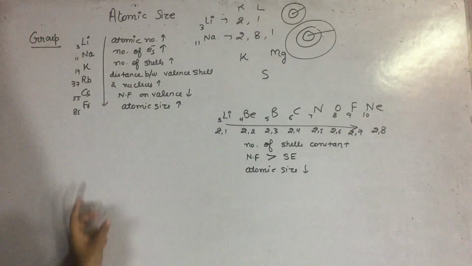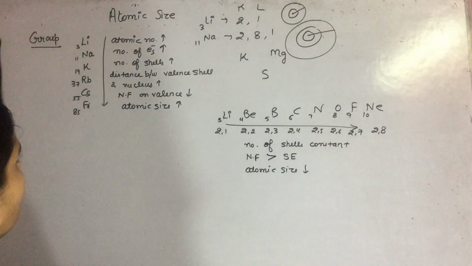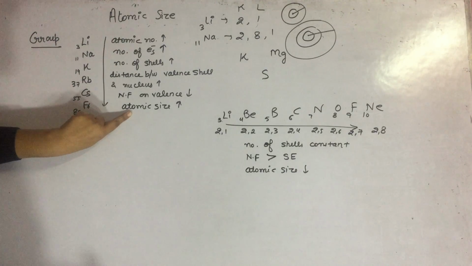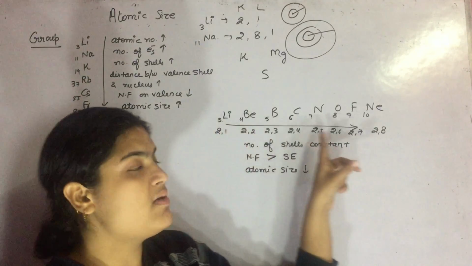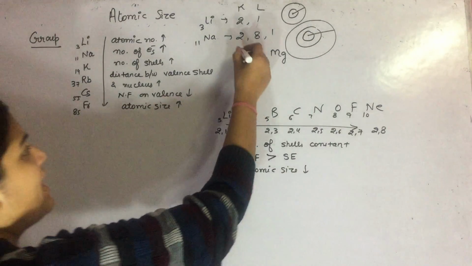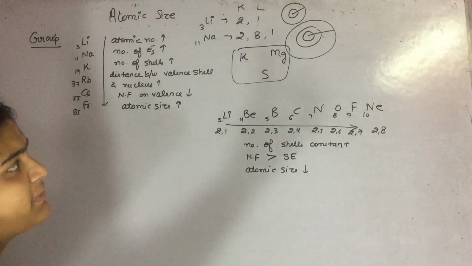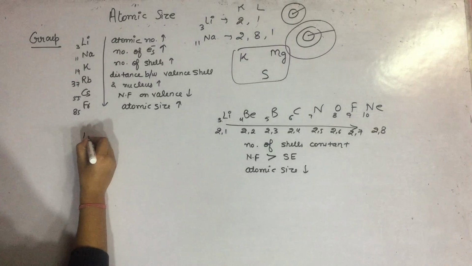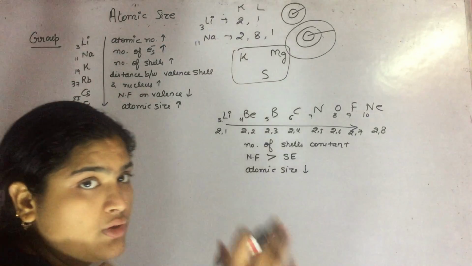So, in both these situations, we can observe that whatever increases on moving down a group will decrease when moving from left to right in a period. So if you have to check among potassium, magnesium and sulfur whose size is more and whose size is less, you just have to clarify the position of them in the periodic table.